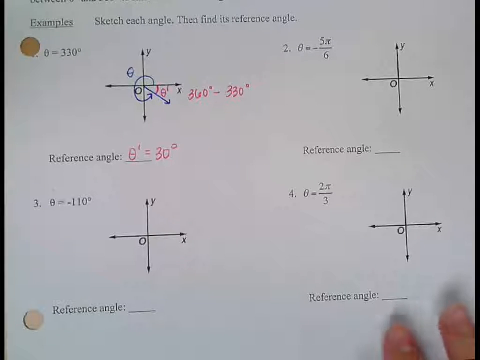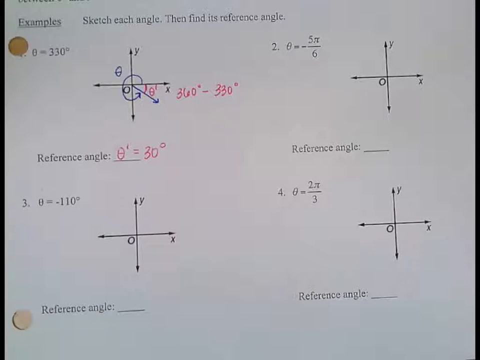All right, and then example 2, this one is in radians, and it is a negative angle. So theta is negative 5 pi over 6. Think of, again, how we broke that unit circle down into fractions.